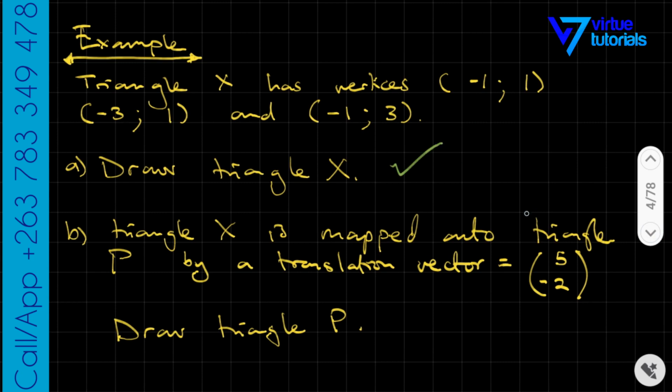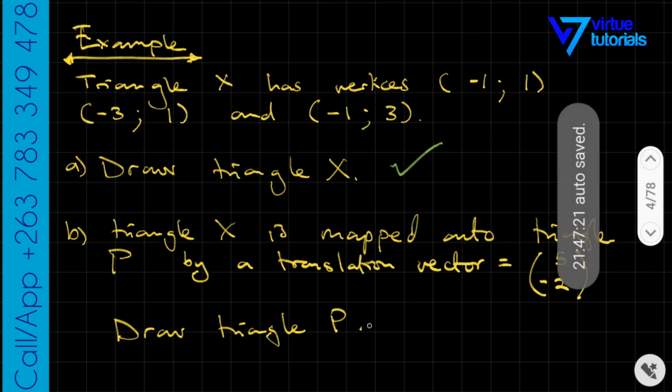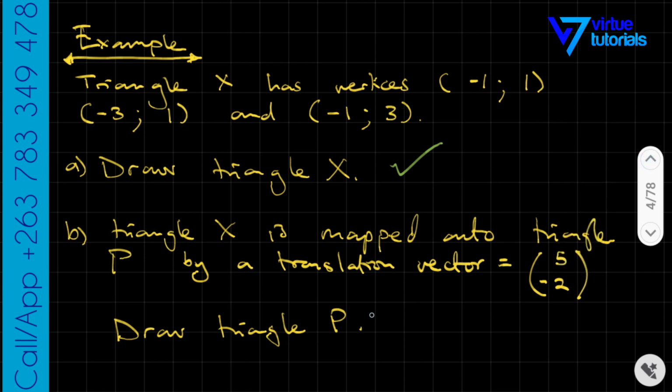We've drawn that. Now, the second part: triangle X is mapped onto triangle P by a translation vector (5, -2). Draw triangle P. What you need to do is find the coordinates of the vertices of triangle P. The triangle X moves from its original position by this vector.